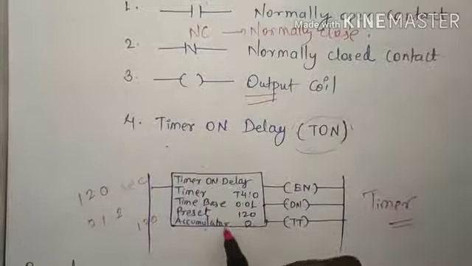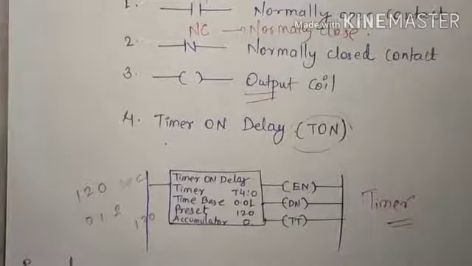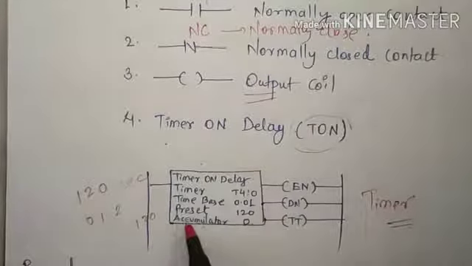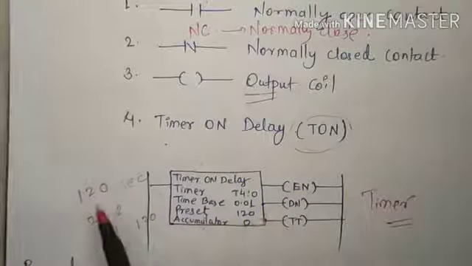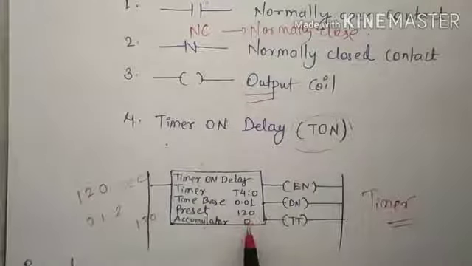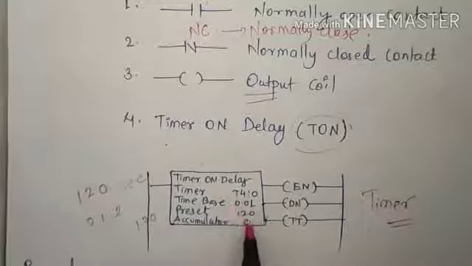So the accumulator denotes that when the timer is running, it is counting from 0 up to 120. It has an initial value of 0 and the last value is 120. The time base is multiplied with this, and then we get the accumulator value.